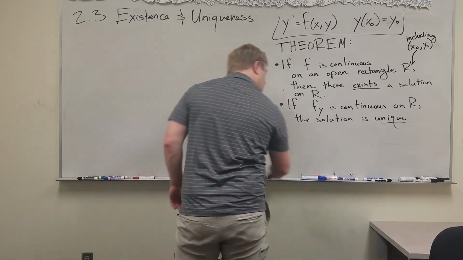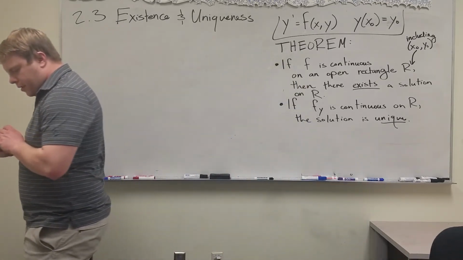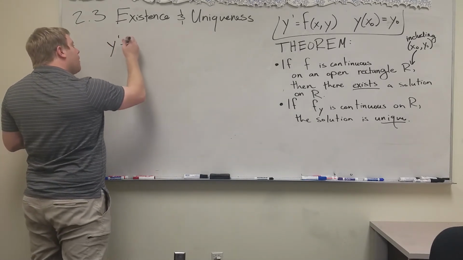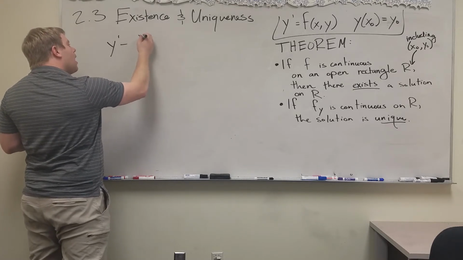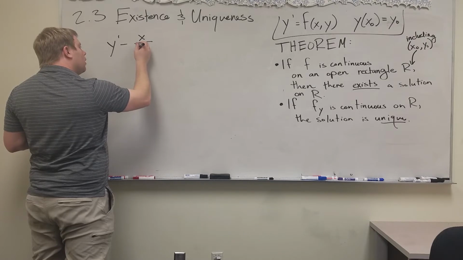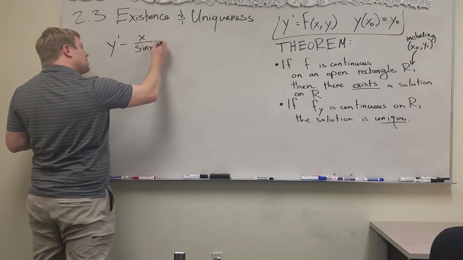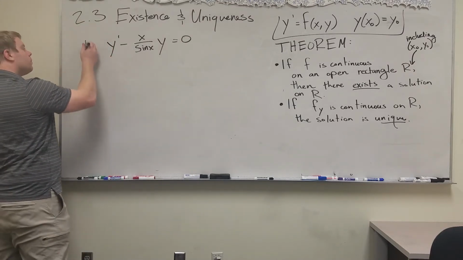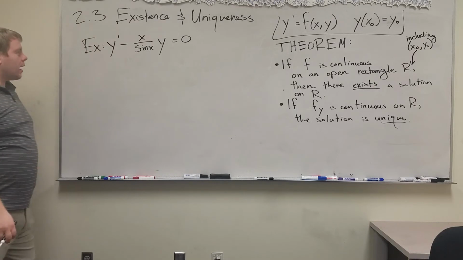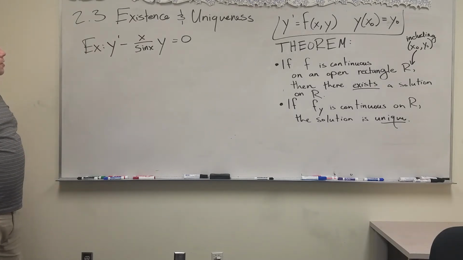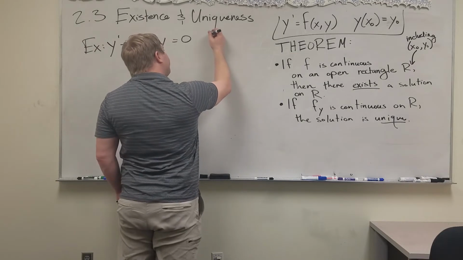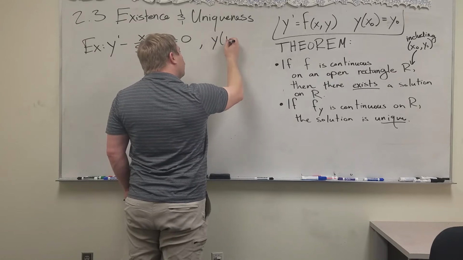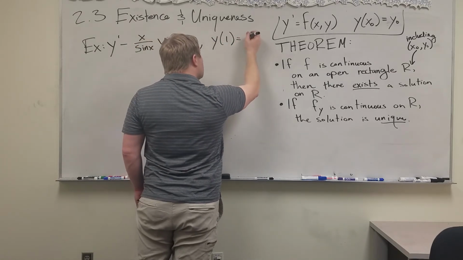Here is my first example. y prime minus x over sine of x times y equals 0, with y of 1 equals 2.